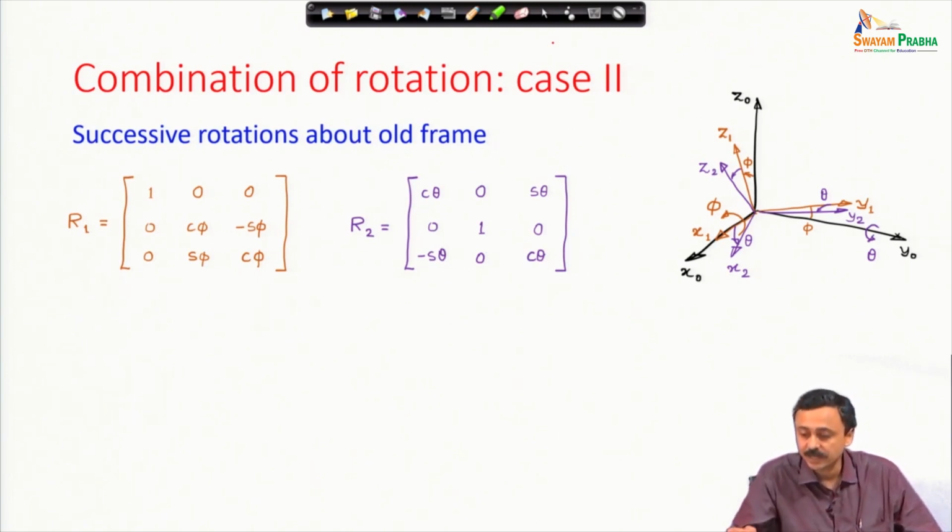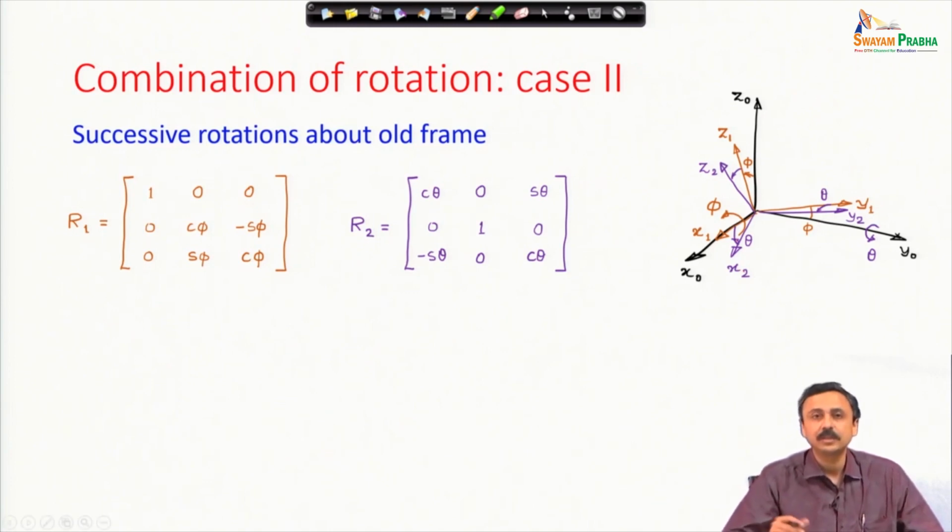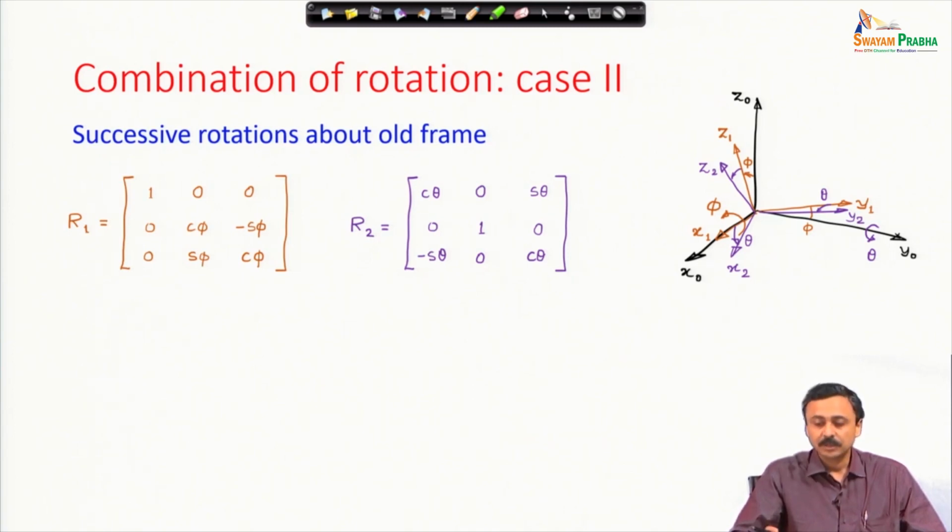The old y axis, and you will notice in this second situation now nothing is aligned, y2 y1, z2 z1, x2 x1, whereas if I had given about y1, then y2 and y1 would have been aligned. But now because I have given the next rotation theta about y0, it is a general frame.